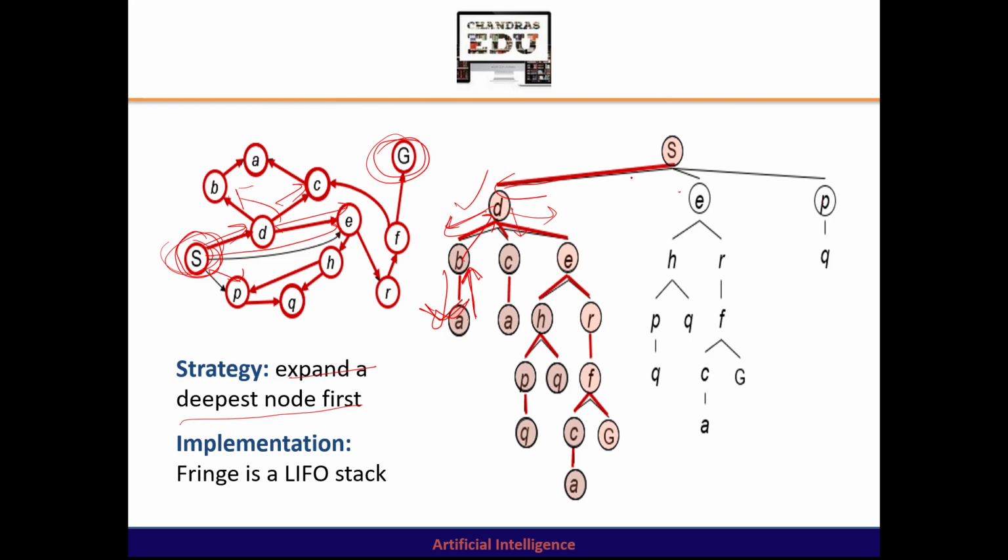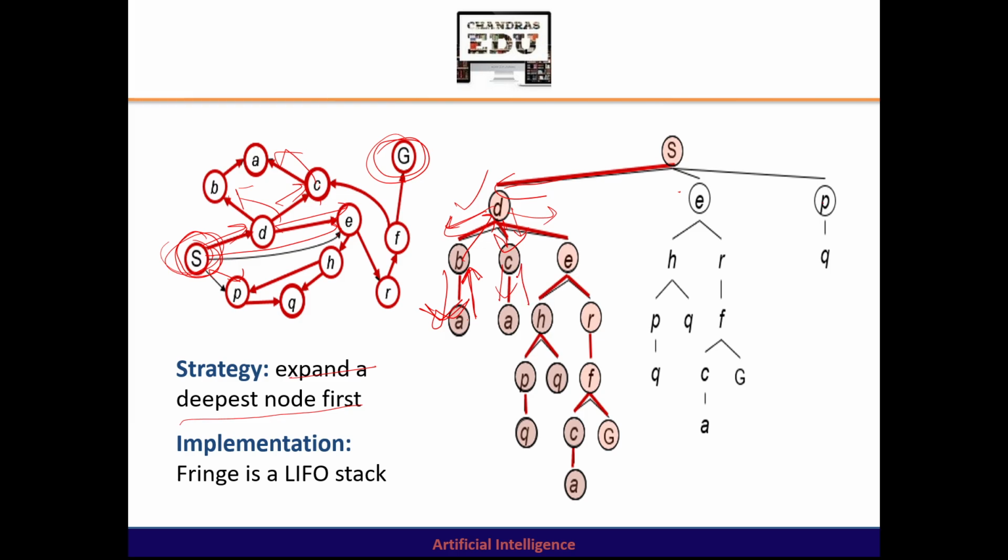In the previous level, the other path is C. So it will come to C, and after coming to C, what are the paths available? From C also we have only one path, to A. Why? Because D to C and F to C, but C is going only to A. So it will come to C, and from C to A. And here also A is not the solution.